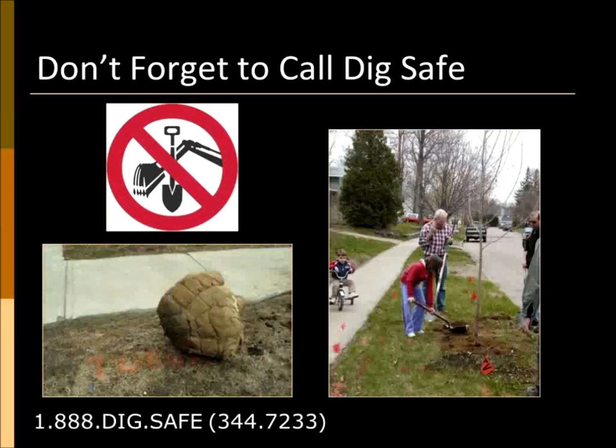Red typically is for your utilities, mostly for electric, and orange are for your communication cables, and that's in general. And when you go out to mark, if you're going to do this, use white paint, because that's the generic color that's used to indicate where you want to do something. And the DigSafe number is there, and I'm sure that most of you are familiar with this and have probably used it at one point or another.